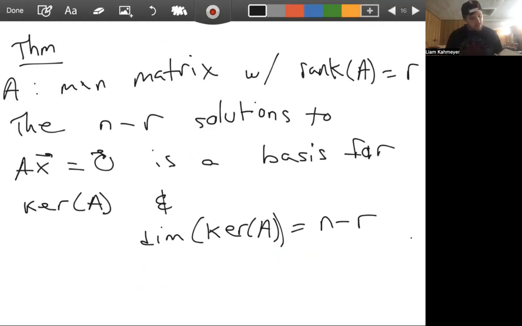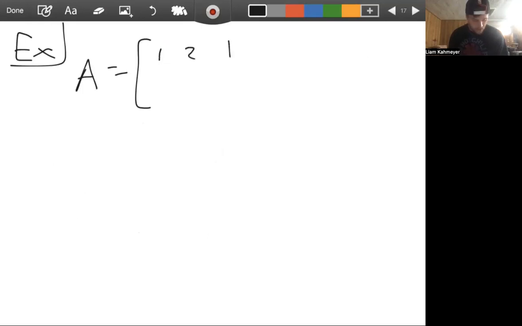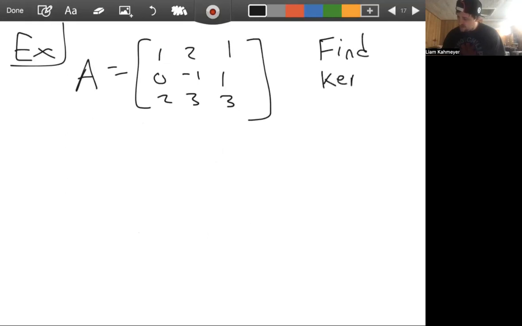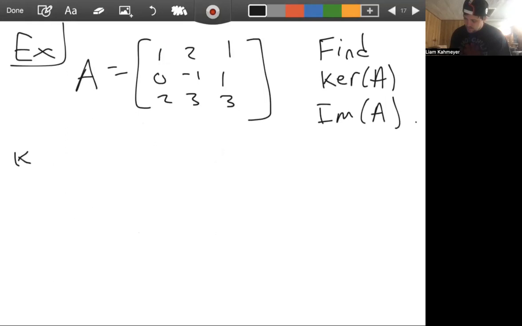So let's look at an example finding the kernel and image of a matrix. Let A be the matrix [1, 2, 1; 0, -1, 1; 2, 3, 3]. And we want to find the kernel of A and the image of A, right? Let's start with finding the kernel. Well, to find the kernel, we need to set up the following equation.